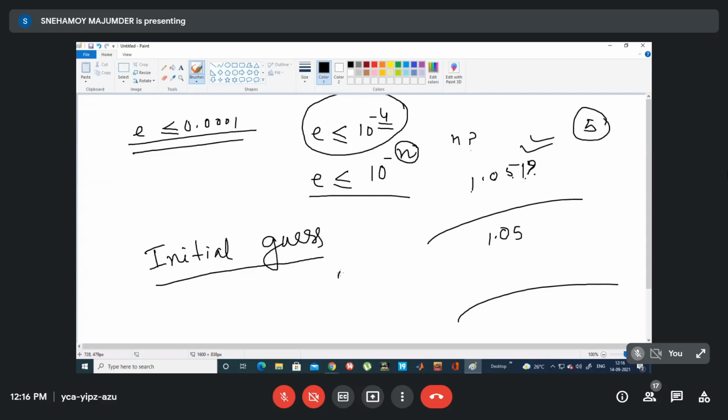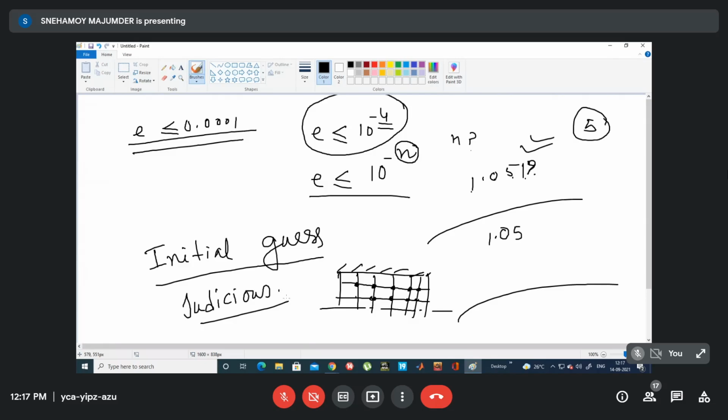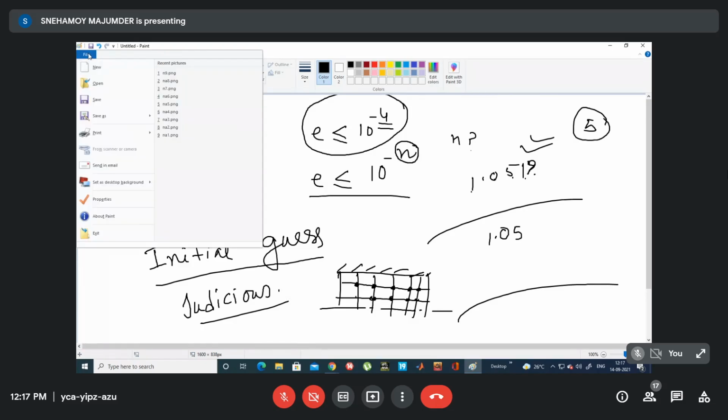I told you that whatever may be my value in this domain, I have to guess at all these points initially the u value, the guess value. So what will the guess value be? That has to be very judicious.